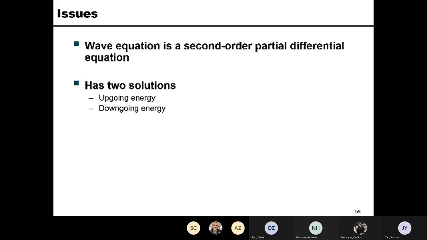It's difficult to solve, because second order means something squared, so a positive number squared equals a negative number squared: minus a squared equals positive a squared. That means you have two directions, positive and negative. So in the equation there are two ways. One is called upgoing energy, one is downgoing energy. So you also need to make a decision whether you take the positive value or the negative value. So that's two issues.